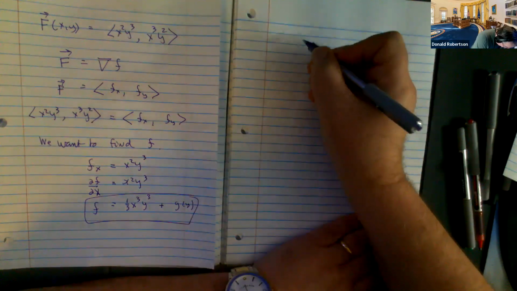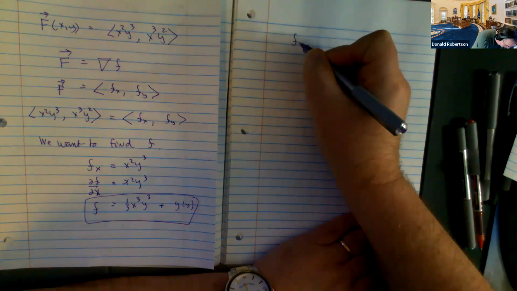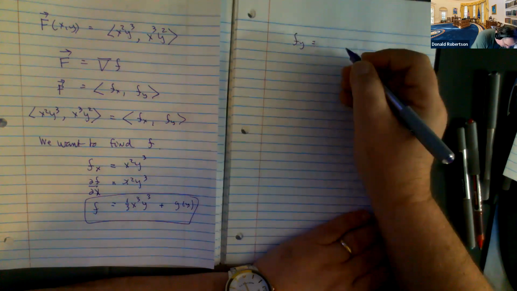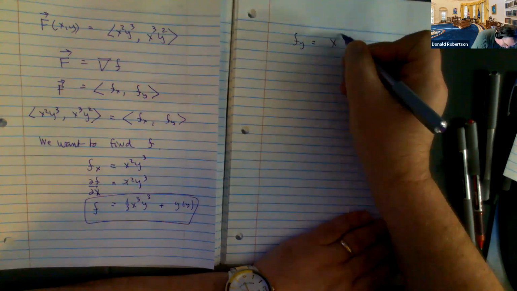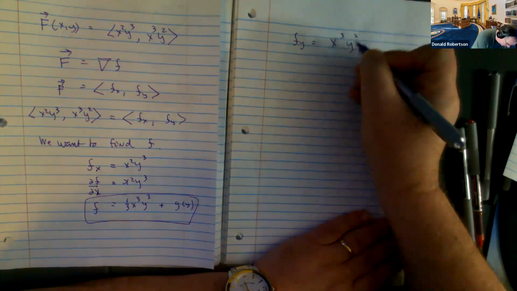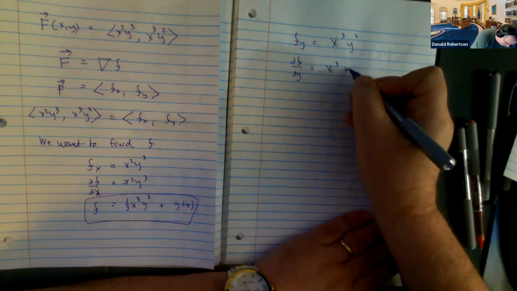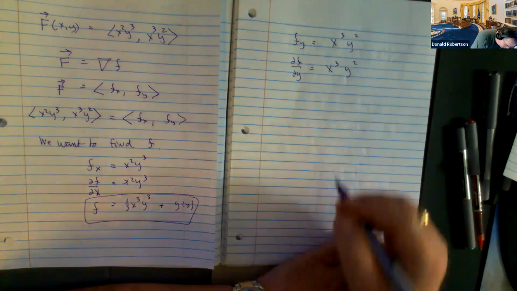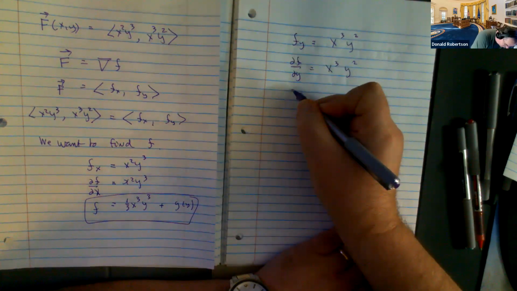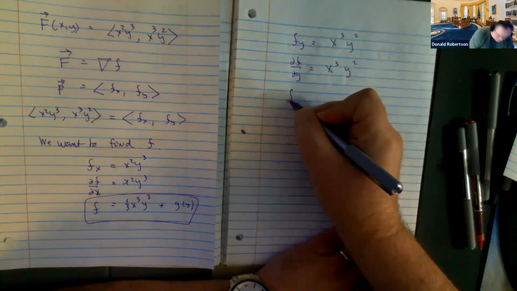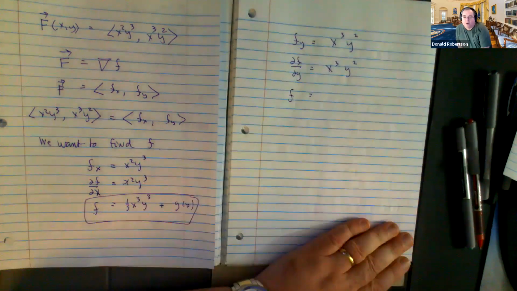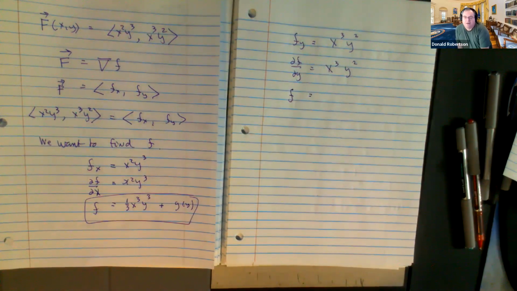let's go and look at the second one. The partial derivative with respect to y is x cubed y squared, right? So far, so good. How do I find f this time? I almost told you what to do.